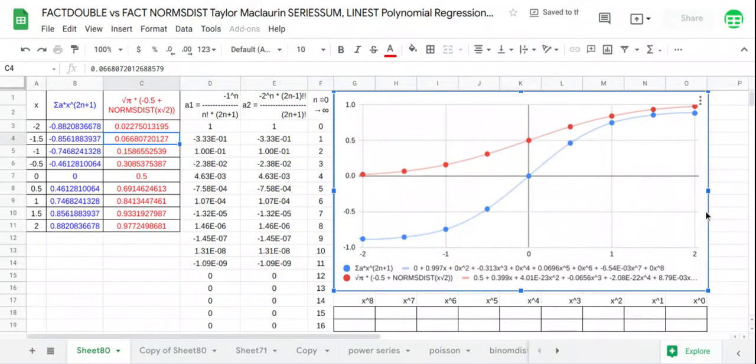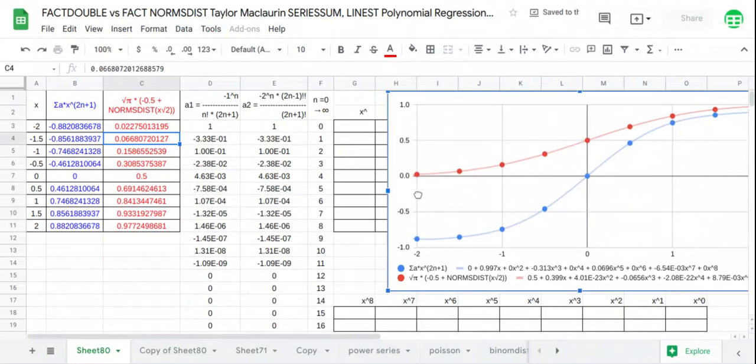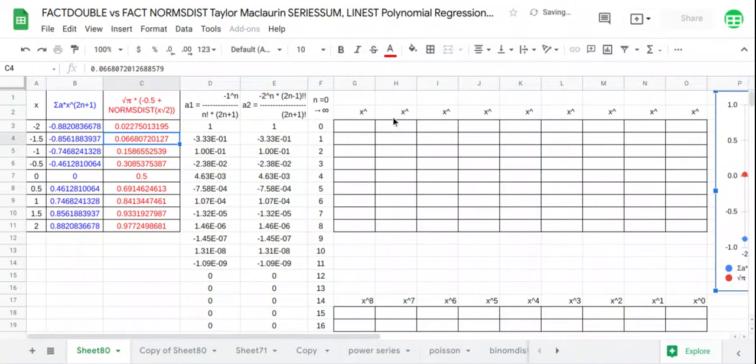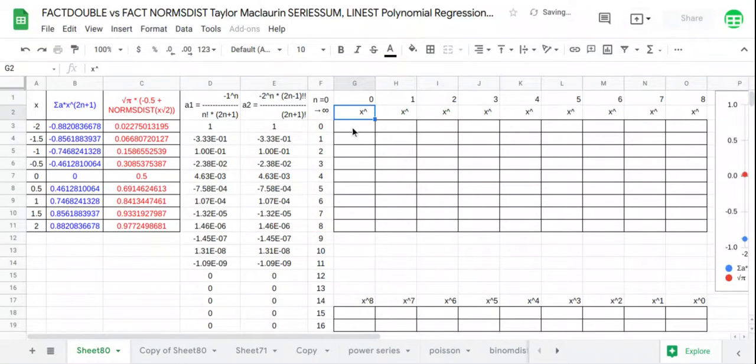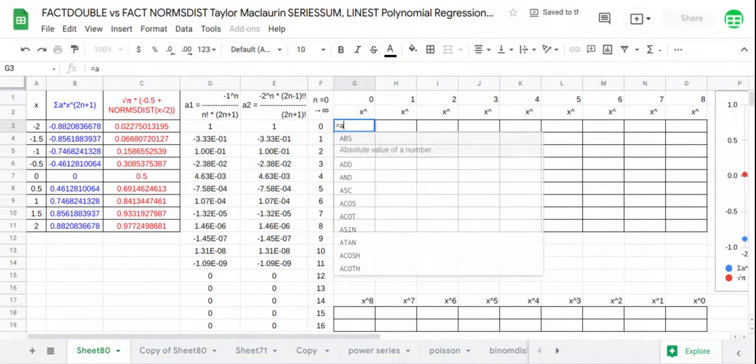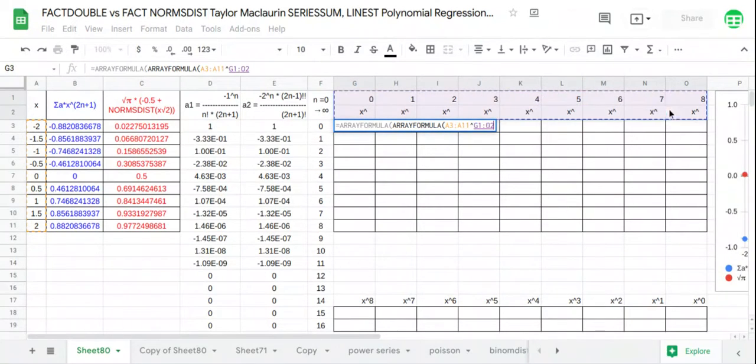We'll calculate this polynomial regression coefficient using LINEST. To do that, we complete the LINEST matrix. Starting with the power, this is equal to transpose 0 to 8. Now the elements of the matrix, which is array formula of the x values raised to the power 0 to 8.